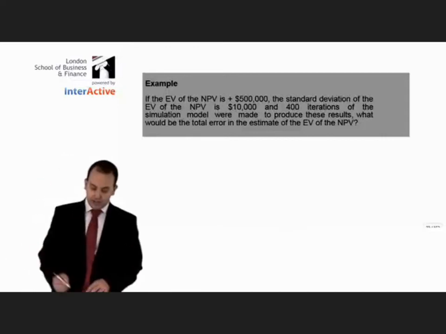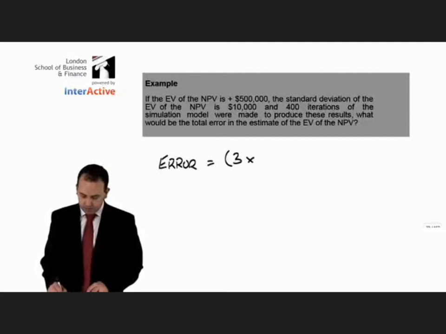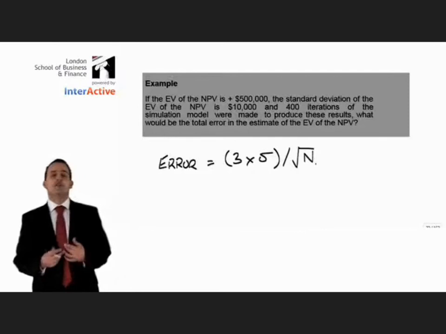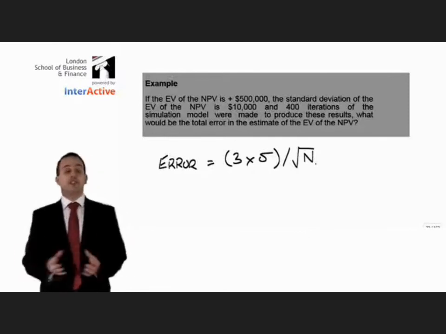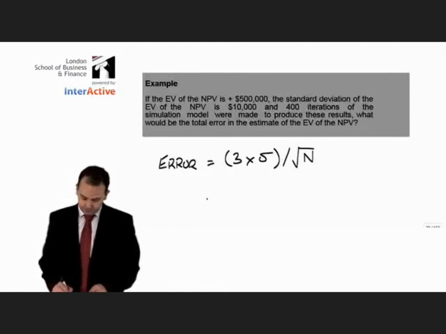So all we're going to do here is start off with our formula. The error equals 3 multiplied by the standard deviation divided by the square root of the number of iterations. And all we're going to have to do is put the figures in to give us our answer, and then we simply need to interpret the answer.